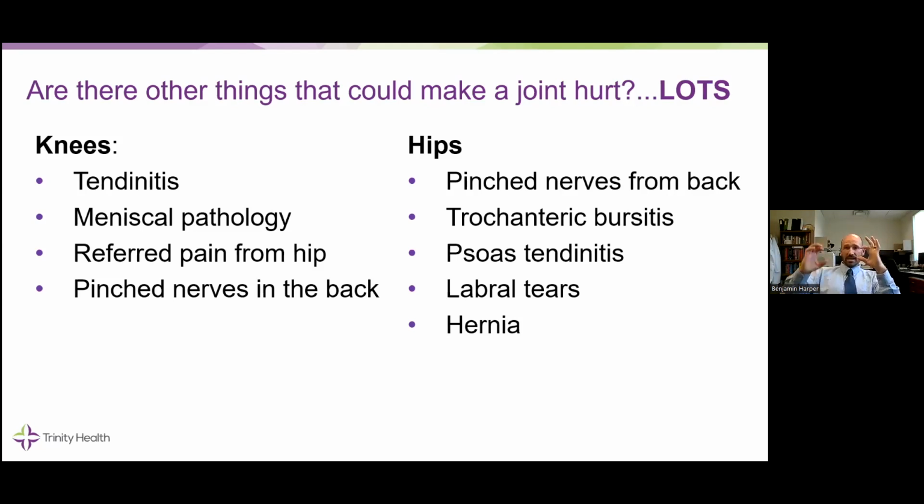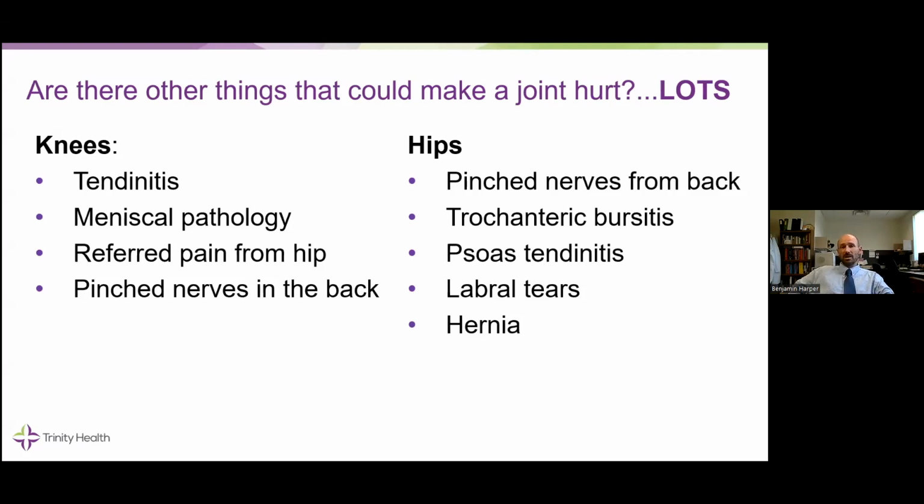There's one on the inside, one on the outside of the knee that can have tearing or other problems. You can have referred pain from the hip that can cause knee pain. If that happens, it usually comes more from the groin, down the inside of the leg towards the knee. You can have pinched nerves in the back. People commonly call this sciatica, but it can cause pain coming down the leg in various patterns, depending on where the area of nerve impingement is.